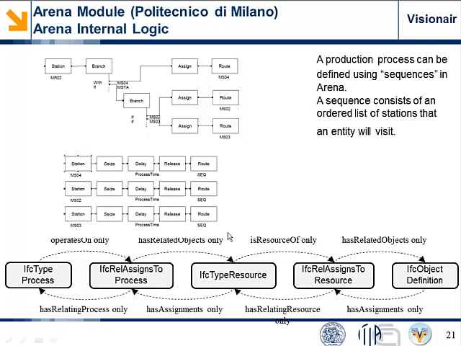And here we have a different part of the model, where we have all the single machines available in the system. Those EFC object definitions are represented here, while all these EFC type resources are represented here.